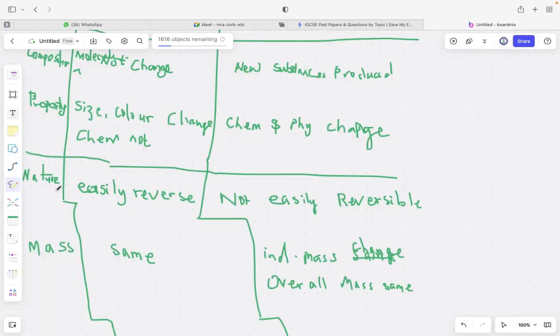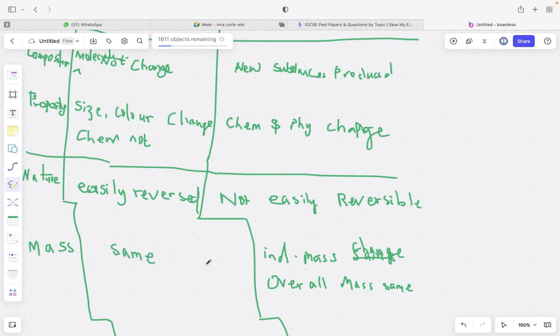So in terms of nature, physical changes are easily reversed, chemical changes are not easily reversed. Then in terms of mass, the mass is the same at the beginning and the end.